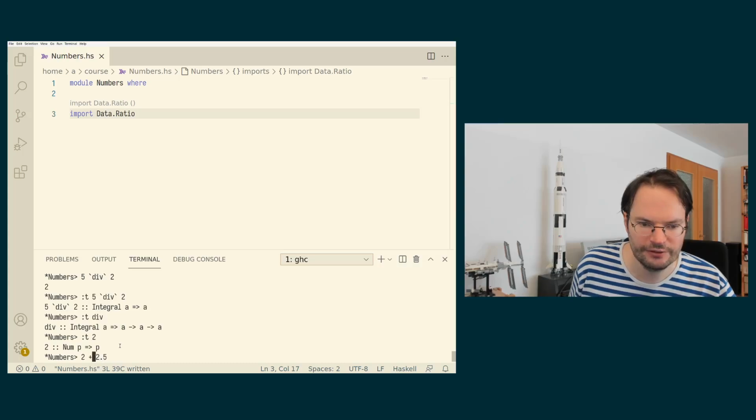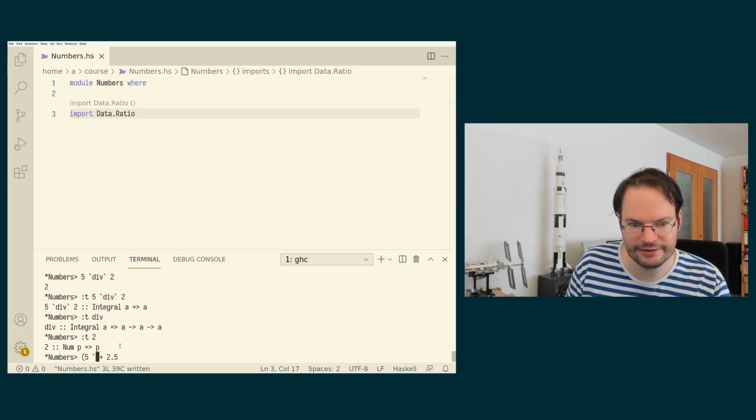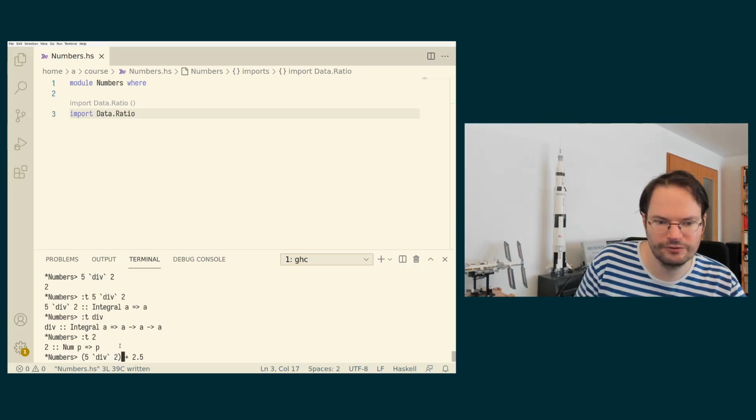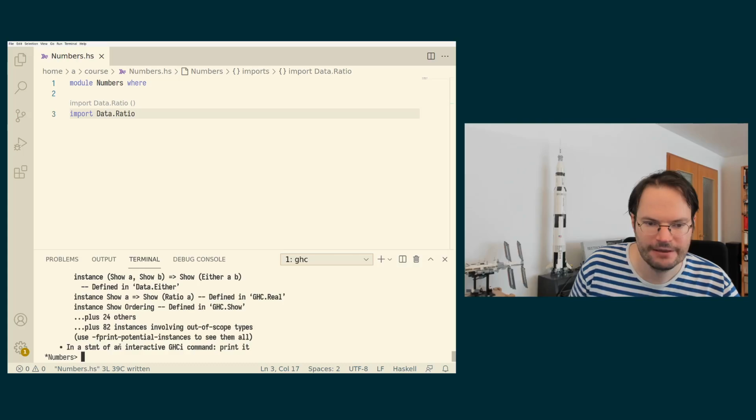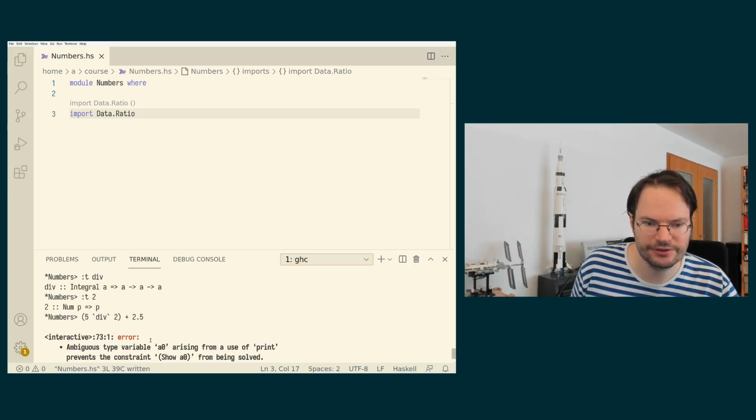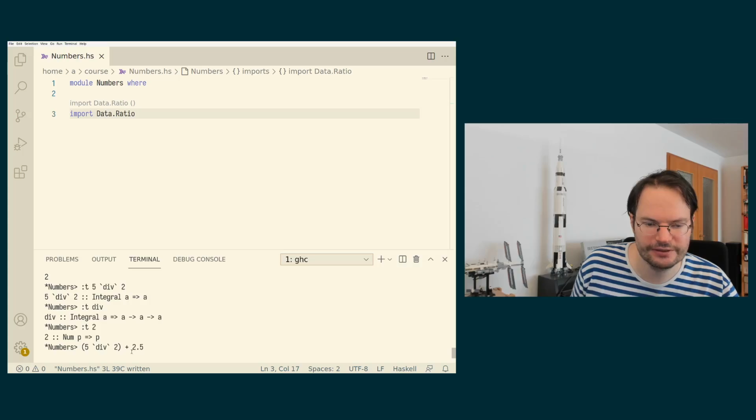So if here we are replacing our 2 with 5 divided by 2, then suddenly we get a type error, because now we have conflicting constraints and it is no longer clear which type we mean. Here we have something that is restricted to the Integral class, and here we have a fractional literal. So what number type are we actually supposed to use? Basically the world of integral types and the world of fractional types is disjoint.